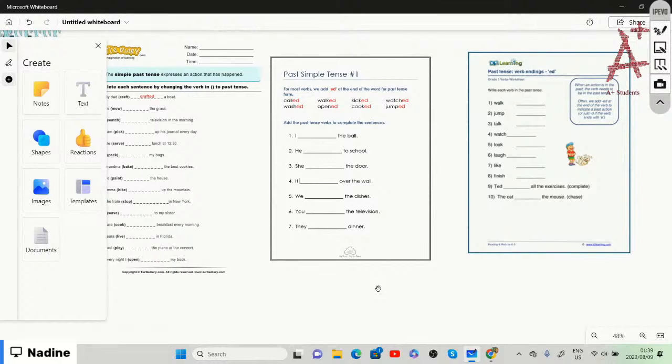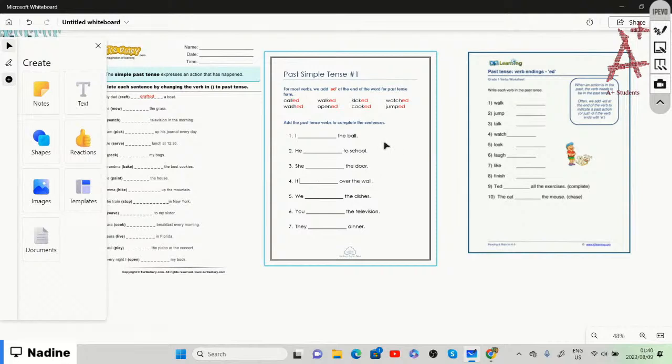The words that we have in the box are called, washed, walked, opened, kicked, cooked, watched, and jumped.